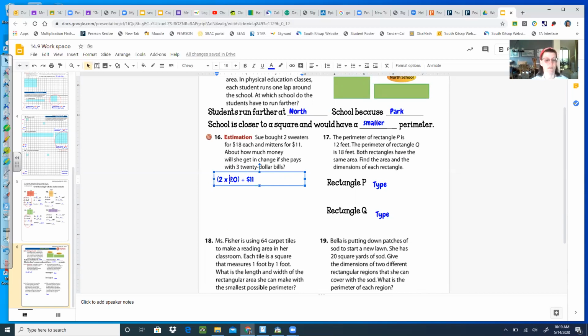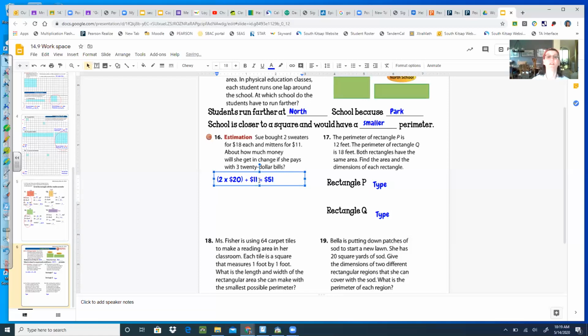And that needs a dollar sign. Okay. So I need to find how much she spends. Equals 2 times 20 is 40. 40 plus 11 is 51. Okay, so that's my first part.